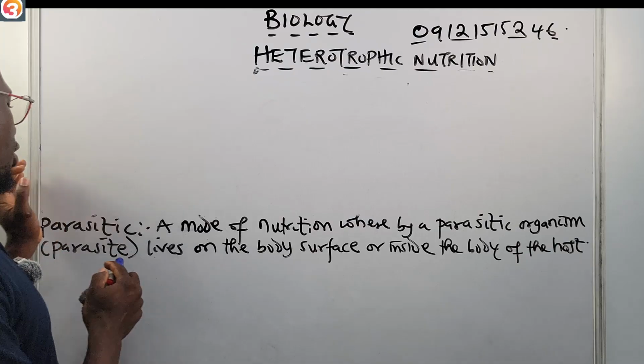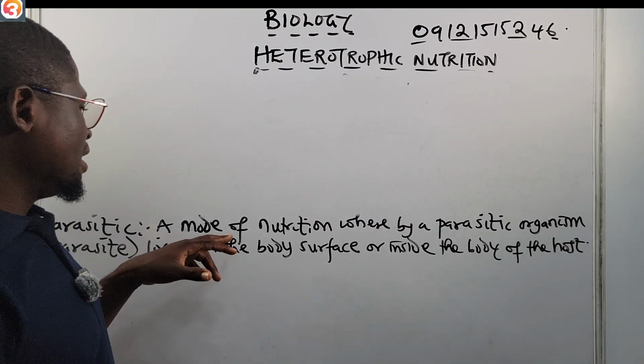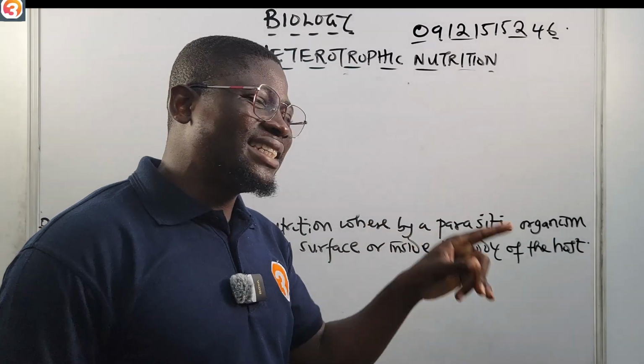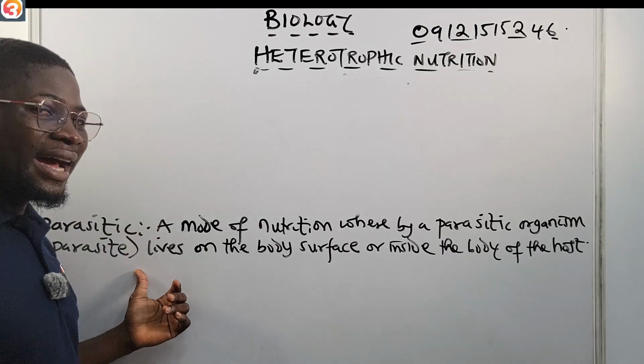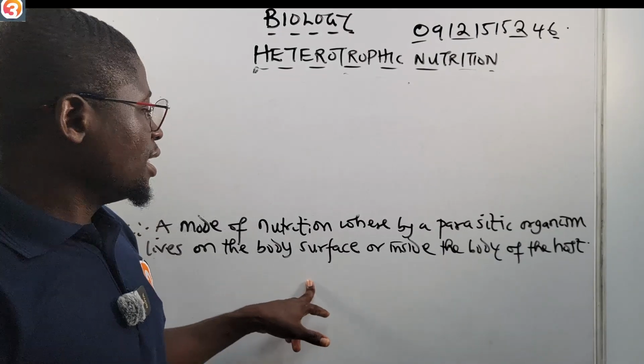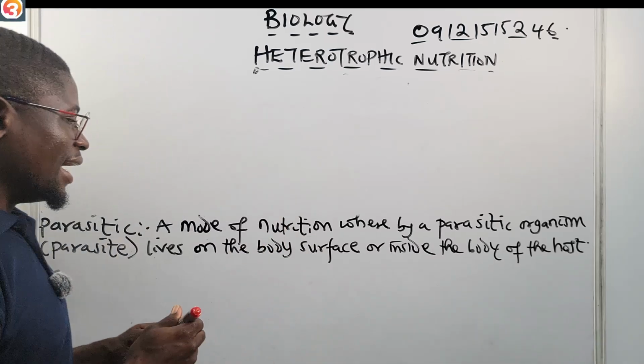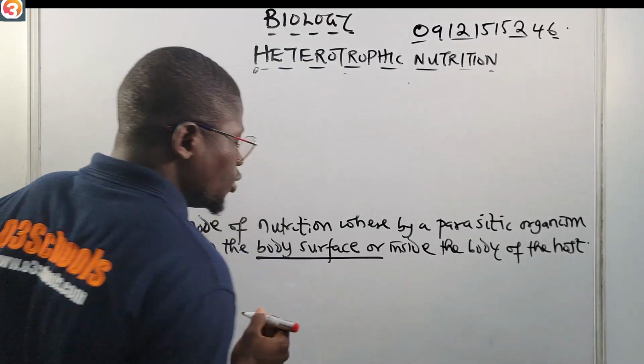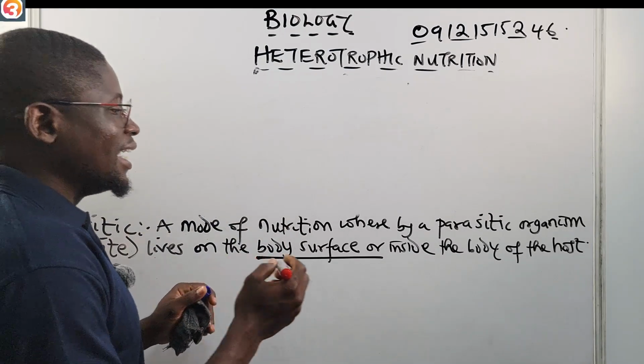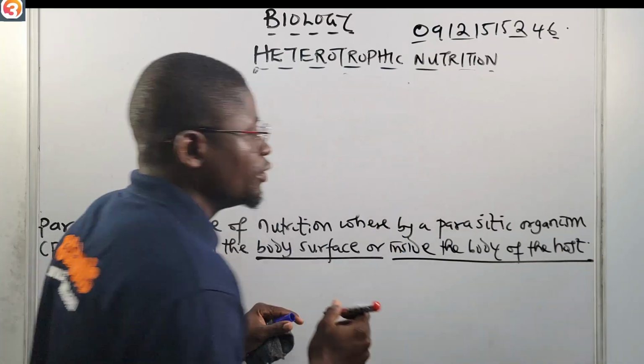We define parasitic mode of nutrition as a mode of nutrition whereby a parasitic organism, called a parasite, lives on the body surface or inside the body of the host. A parasite can live on the body surface of the host, or inside the body of the host.